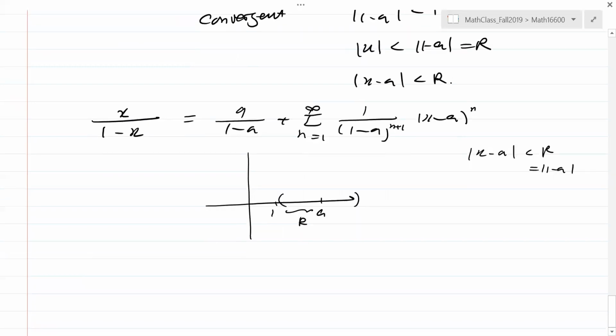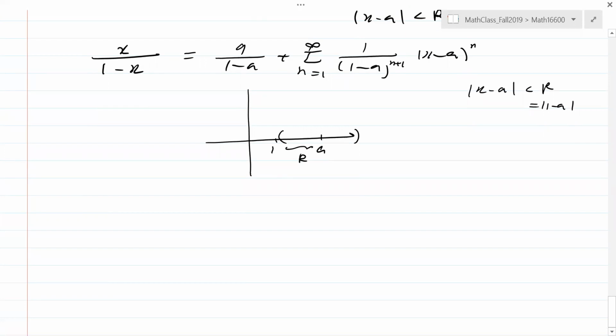Now we are going to see lots of functions which cannot be described as elementary functions, like x over 1 minus x. Let's take a look at the example.